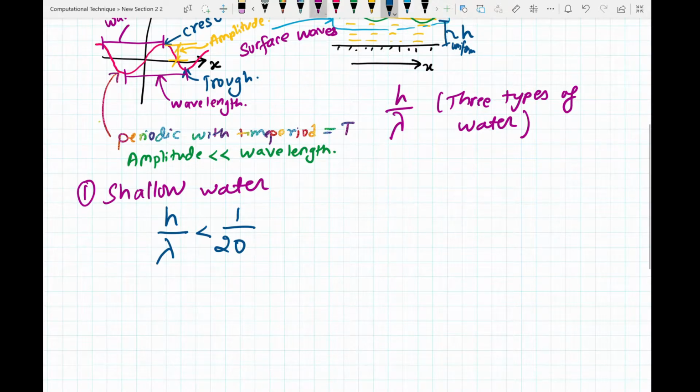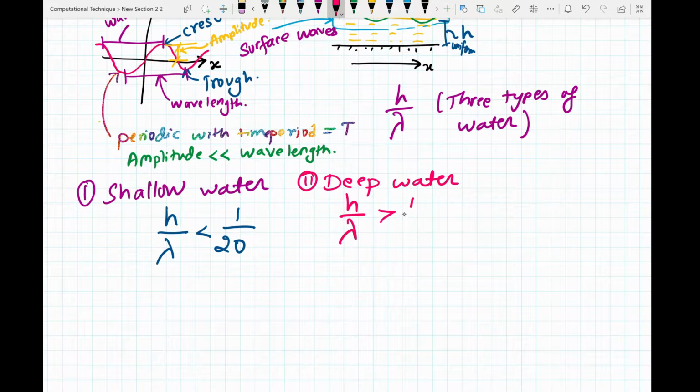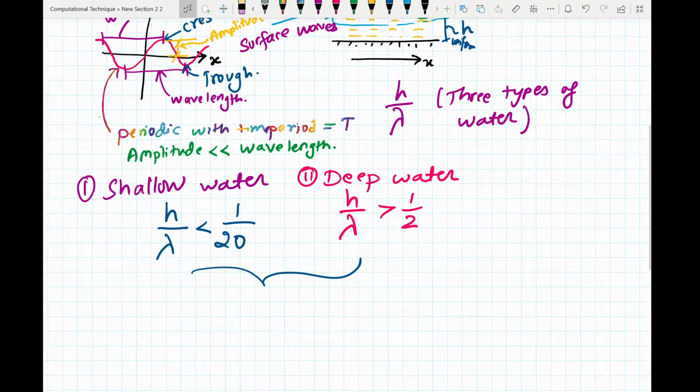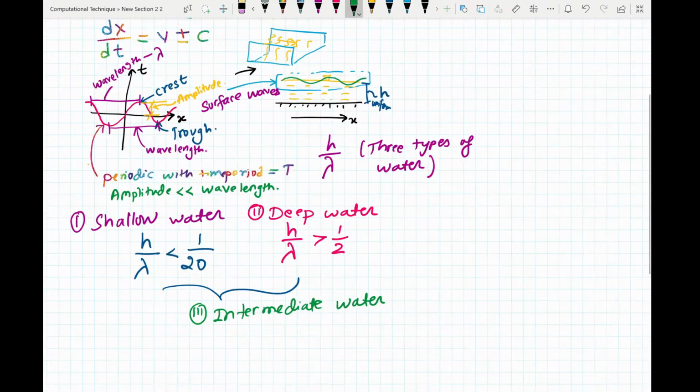In cases of deep water, the depth by wavelength ratio is greater than 1/2. And if your ratio lies between these two ratios, then it is known as intermediate water.